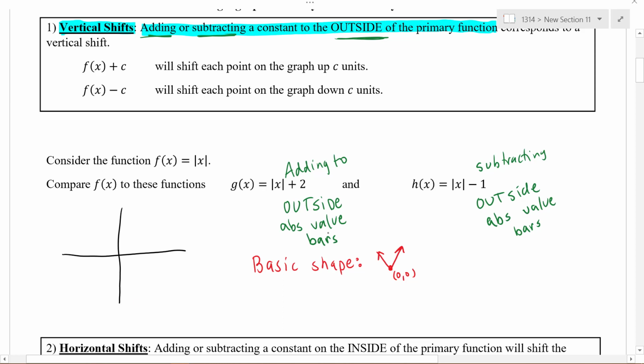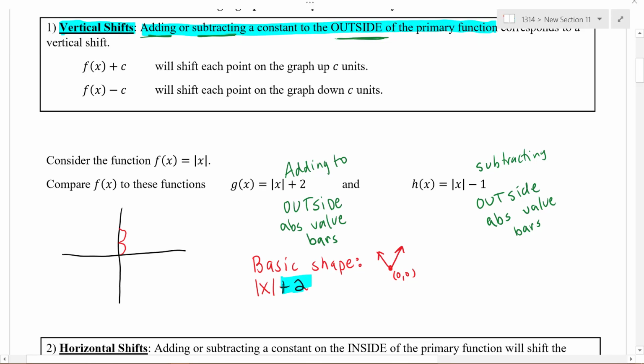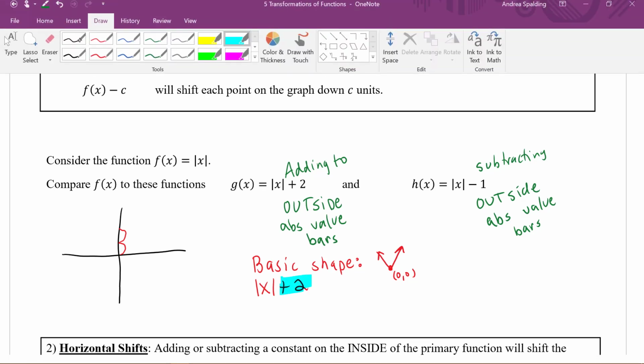Okay, well, what are we doing? We're starting at 0, 0, but we're shifting that graph up 2 units because we are adding a 2 on the outside of those absolute values. So because of that absolute value of x plus 2, the plus 2 on the outside is going to shift that graph up.